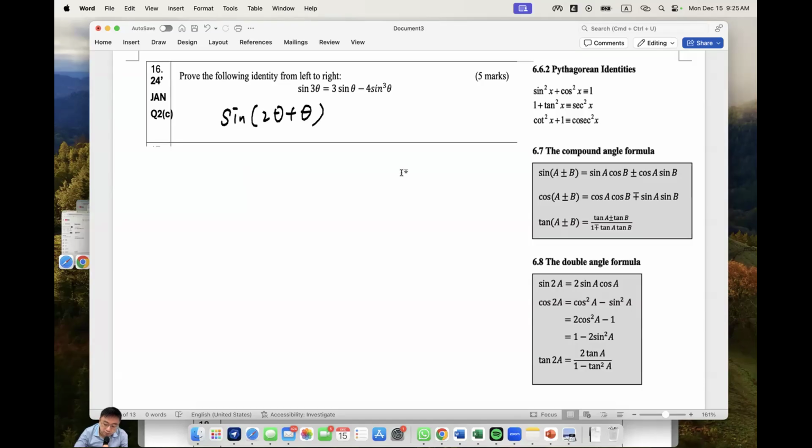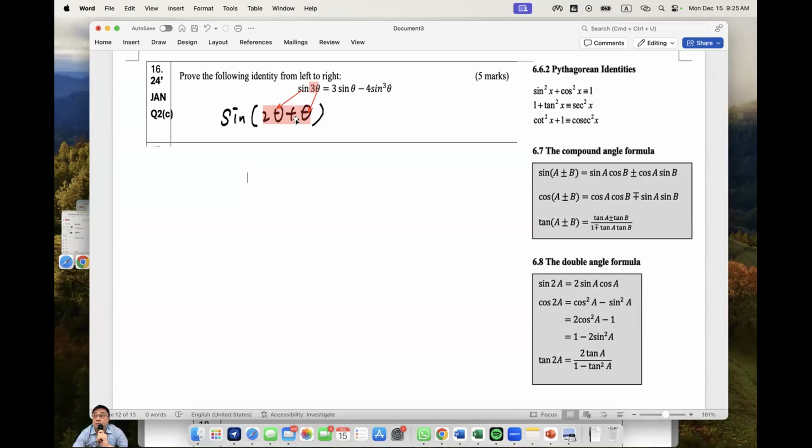Yeah, we can start from here, by having the 3 theta split into 2 theta and theta. Then from here, we can first apply the compound angle formula.